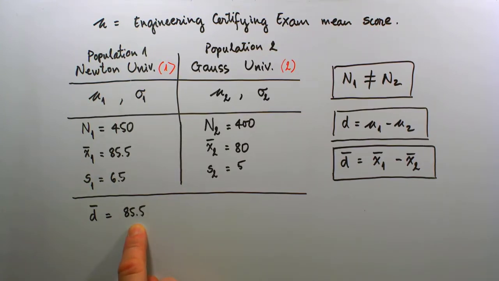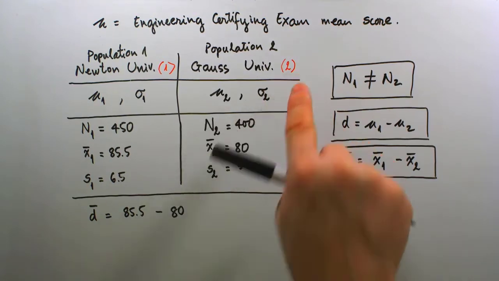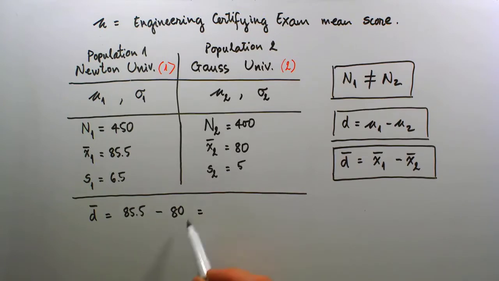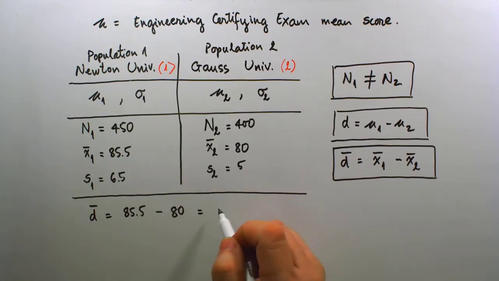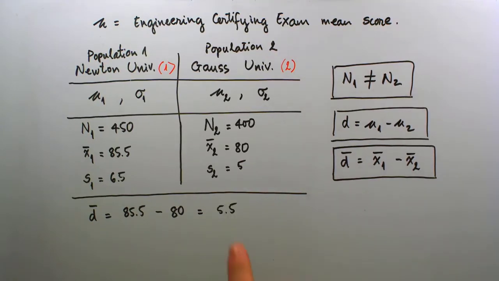It's only one sample mean value from population 1. And we're subtracting 80. And this is a sample mean value from population 2. Our current difference in the 2 samples is 5.5 after calculation. So we already had a sampling difference of the 2 sample mean values that we're currently having.